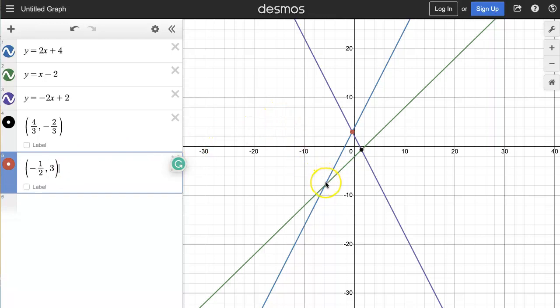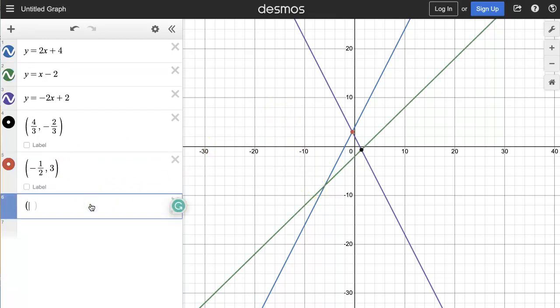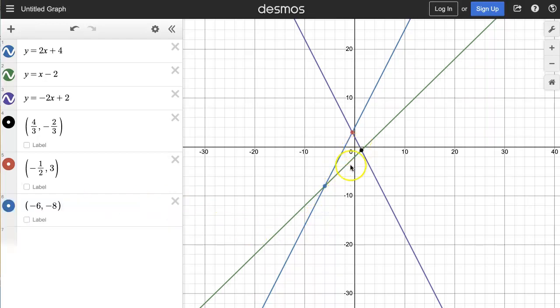Okay, let's mark that. And then finally the last line, -6, -8, last intersection point. All right, so I have all of my intersection points.